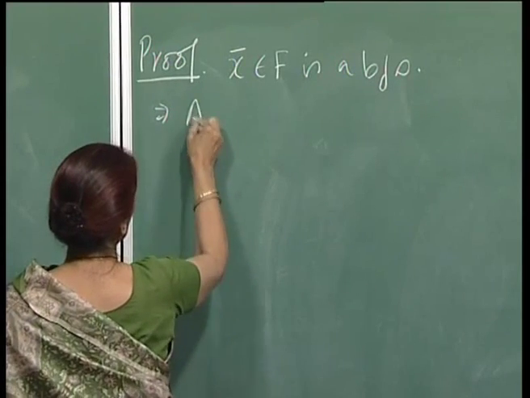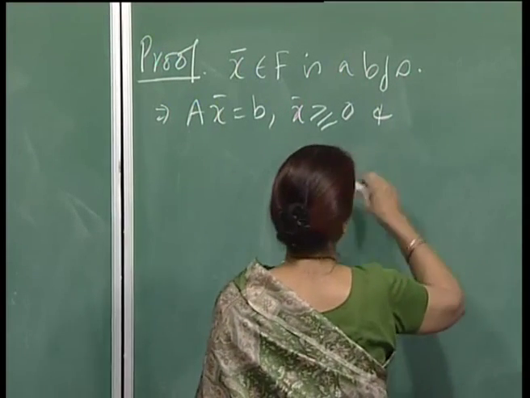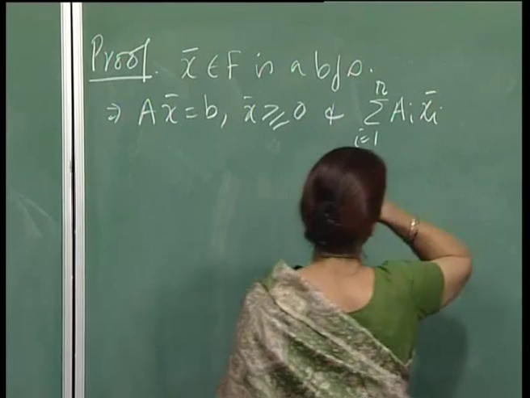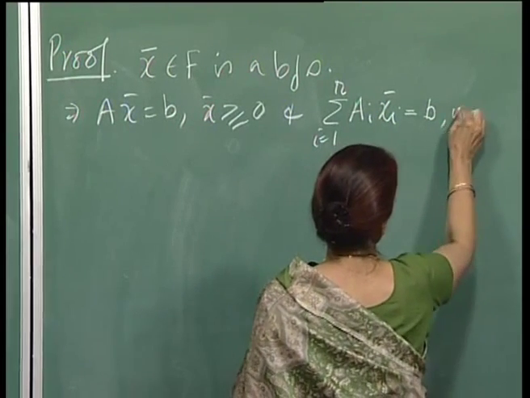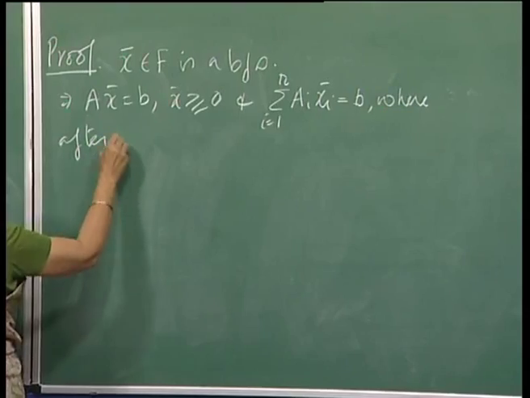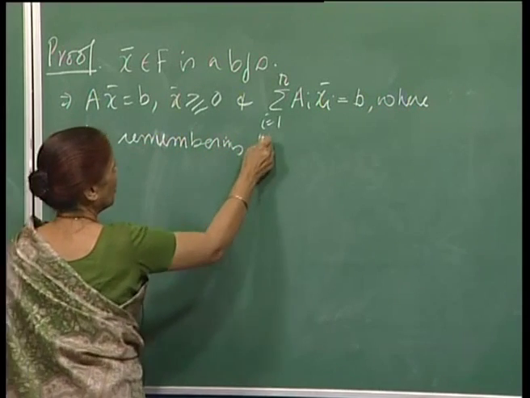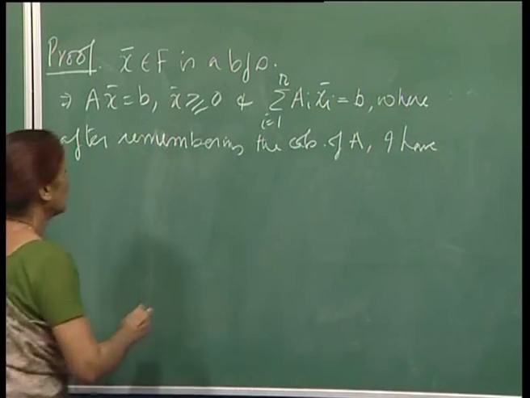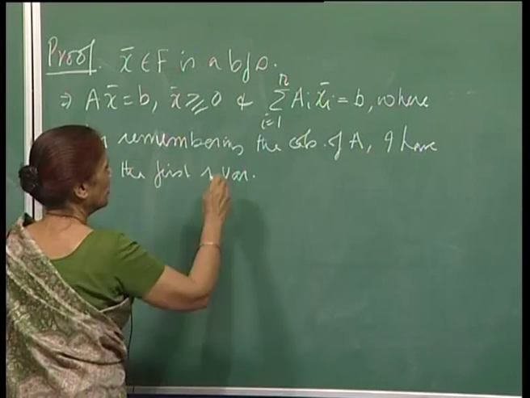This implies that A x bar is equal to b, x bar is greater than or equal to 0, and the sum of a_i x_i bar, i varying from 1 to r, is equal to b, where after renumbering the columns of A, I have made the first r variables the positive ones.